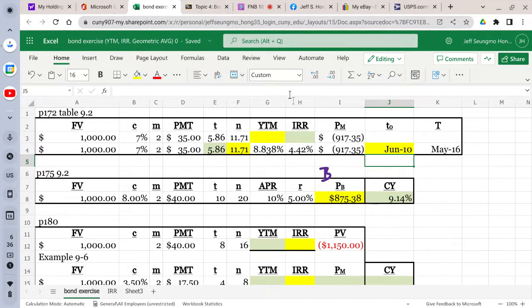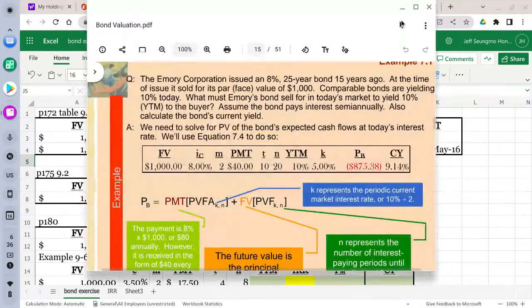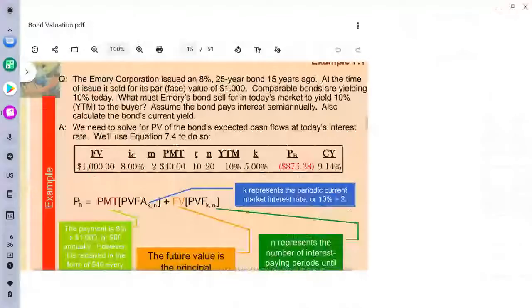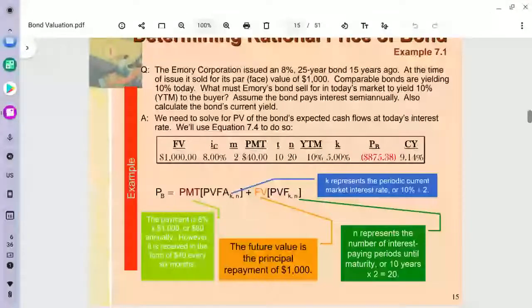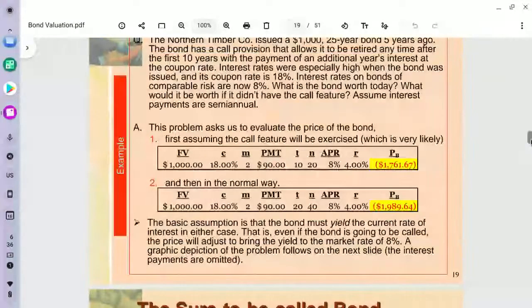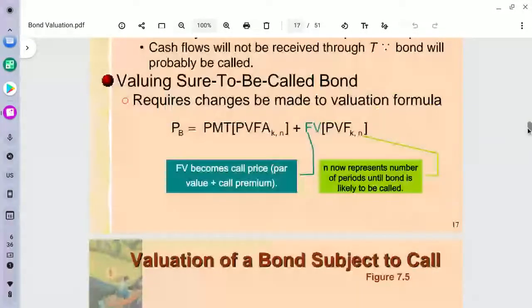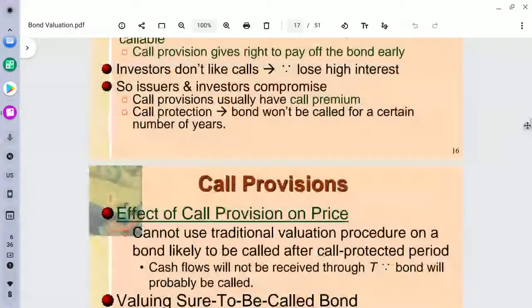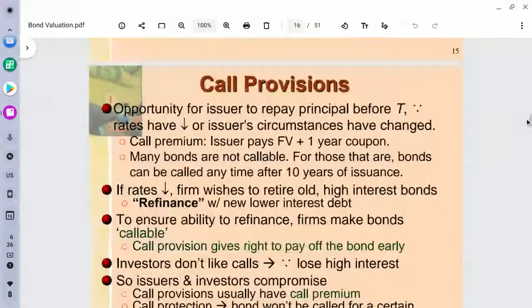All right. So our next. Okay, call. What is a call provision? Call is a right to buy, right?